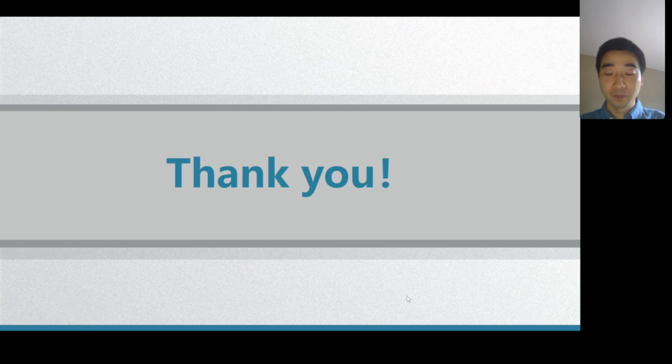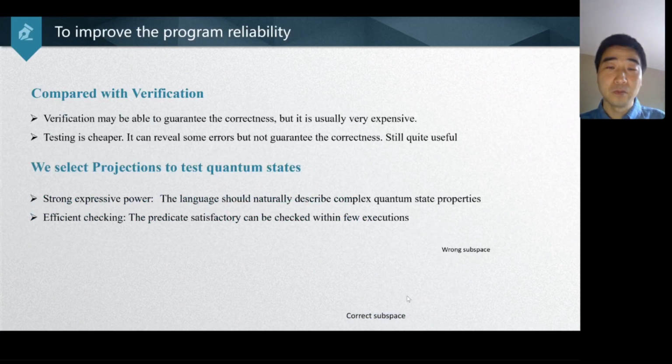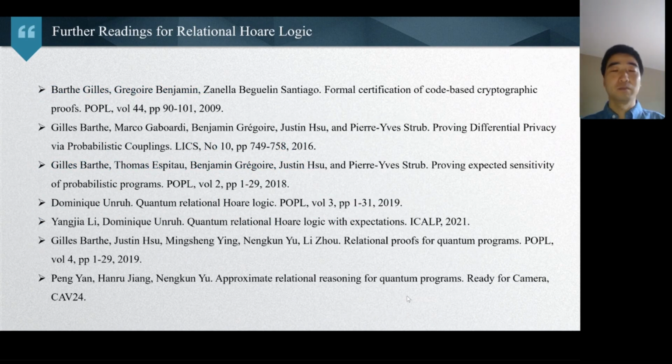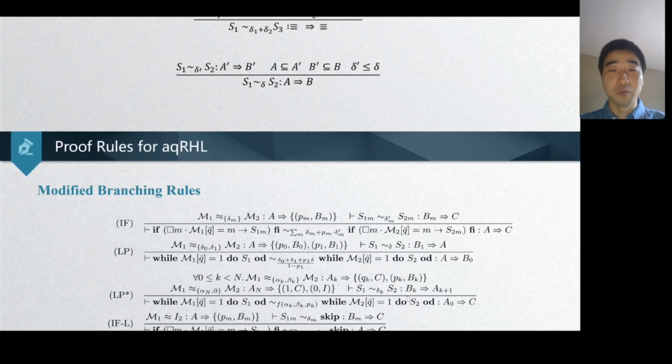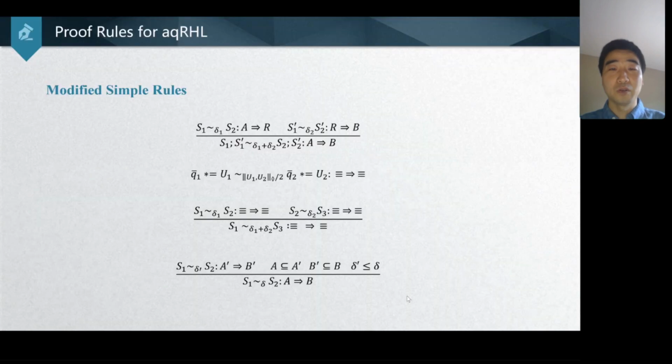On an early slide, you referenced, you don't have to go back to it, the quantum predicates that Ming-Cheng Ying used in his first quantum Hoare logic paper are based on expectations, right?